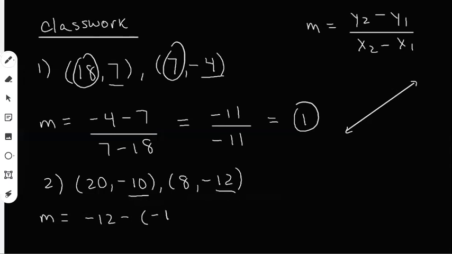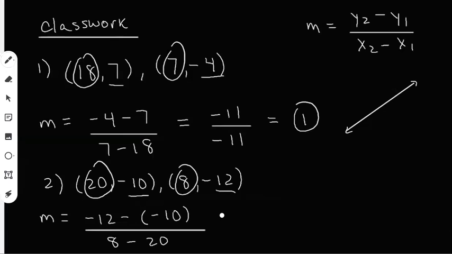If I subtract the -10, I know that I'm going to have a double negative somewhere in there. So I put the -10 inside parentheses. In the bottom of the fraction, that's where I put the x values. I'm going to have 8 minus 20. That's going to give me a negative number.